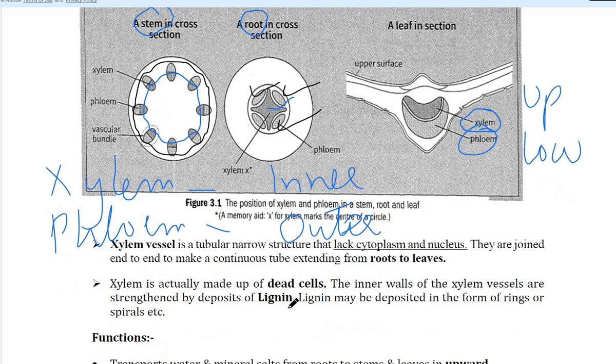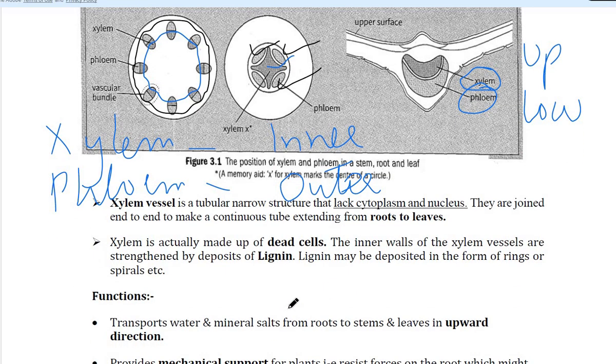Okay, now let's look at the structure of xylem. For example, we take an example of our home. At the top of the roof there is a tank that is completely filled with water.